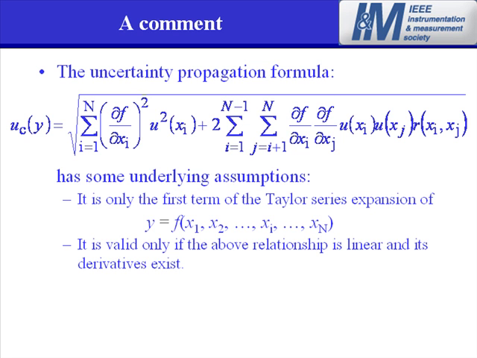We know that the standard uncertainty is useful because it allows us to define through a suitable coverage factor a confidence interval. But we have seen that this is possible only if we know the probability distribution associated with the measurement result and its standard uncertainty. So the question is, which is the probability distribution associated with y?